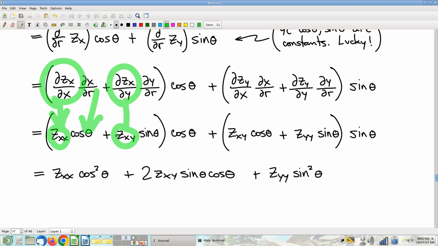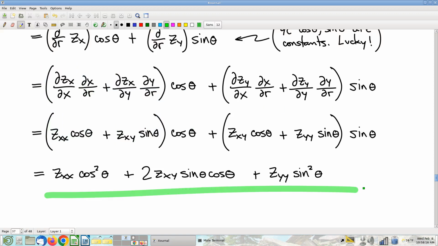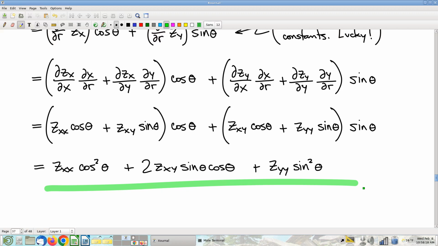More notational rewrite, followed by another easy partial. Don't forget your factor that came along for the ride. Ditto over here, right? And with all that done, you can multiply, collect terms, etc., and this is what you end up with as your result.